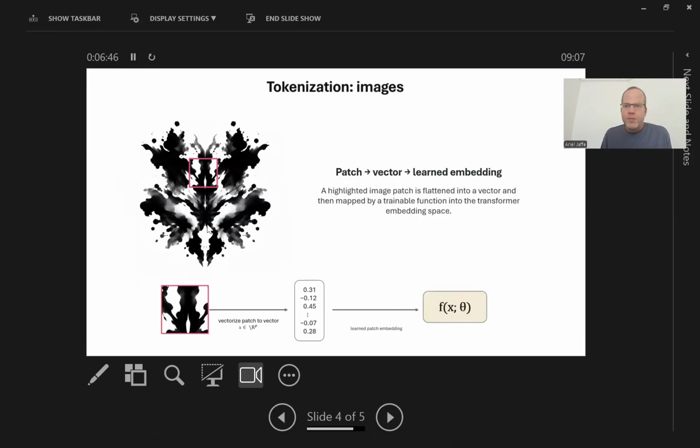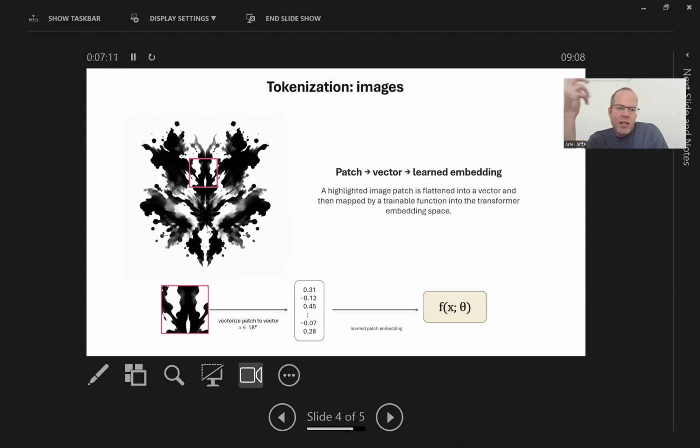And in this video, we'll mainly cover the tokenization, the breaking up of the observation, the text, the image into small parts. An image is quite straightforward. You take the image and you break it up into patches, say 10 by 10 pixels.